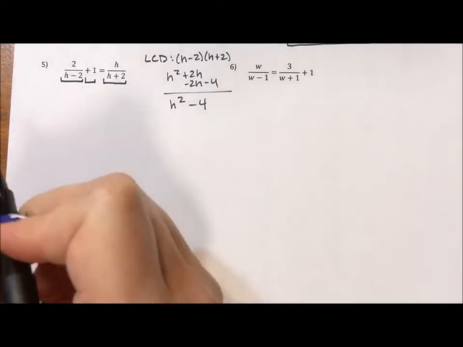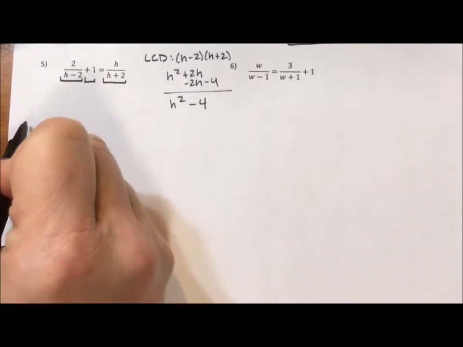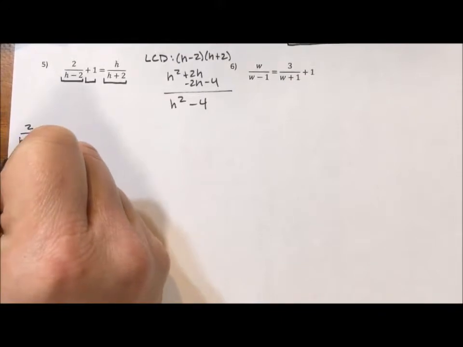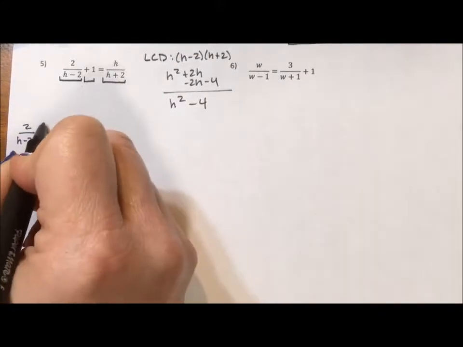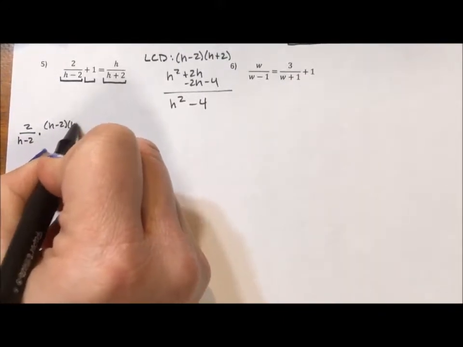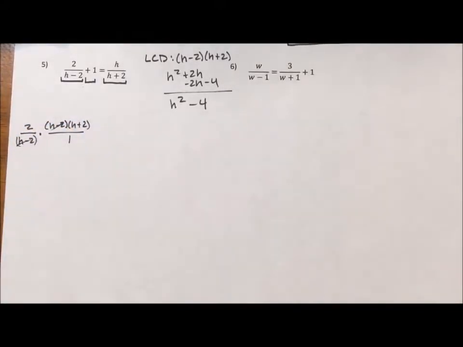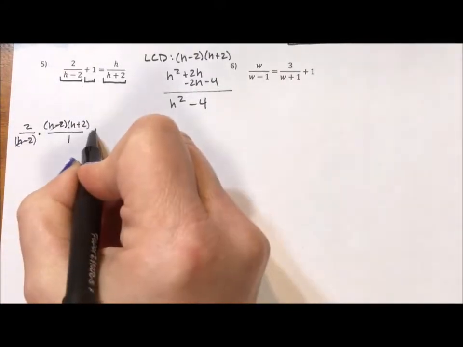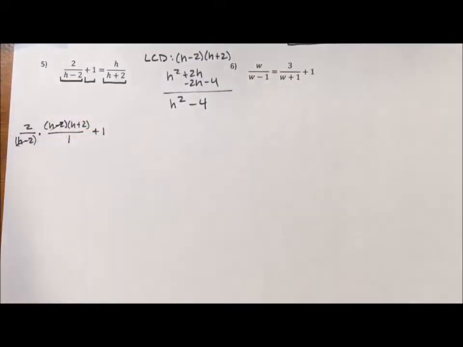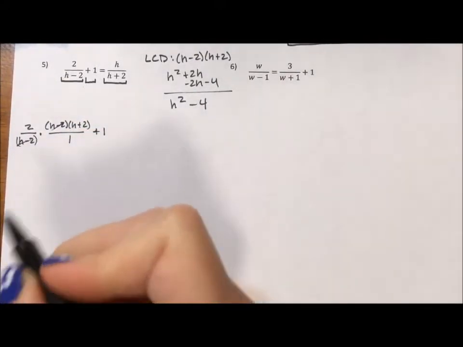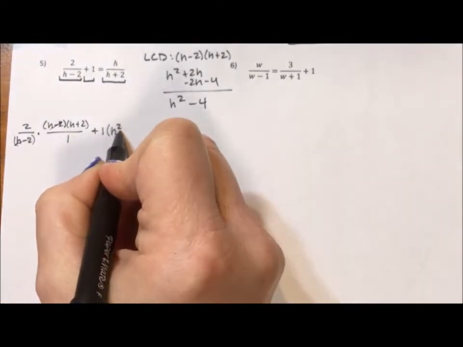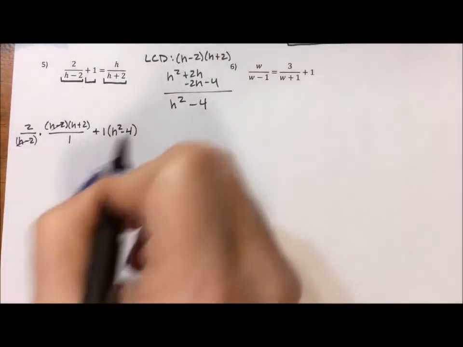Let me show you. What I'm doing here is I'm taking this 2 times h minus 2 and multiplying it by h minus 2, h plus 2 over 1. The h minus 2's cancel. I'm taking the 1, and instead of doing h plus 2, h minus 2, which I'm going to eventually have to multiply out, I'm going to do it by the h squared, multiply by the h squared minus 4.